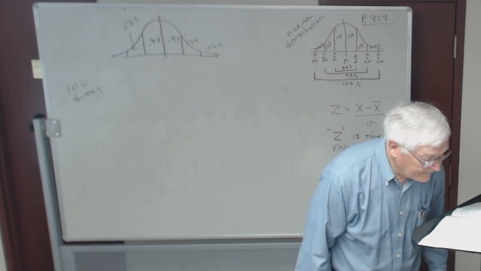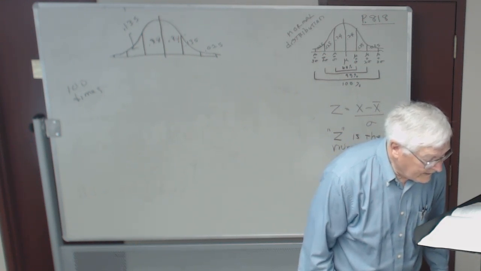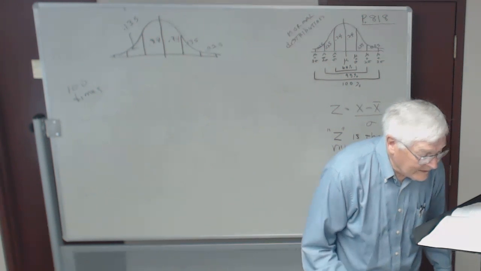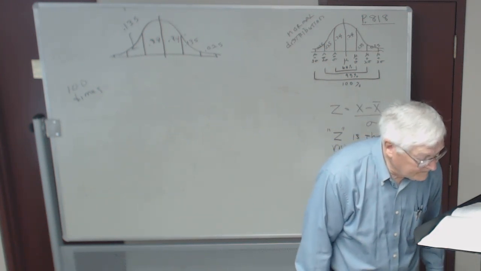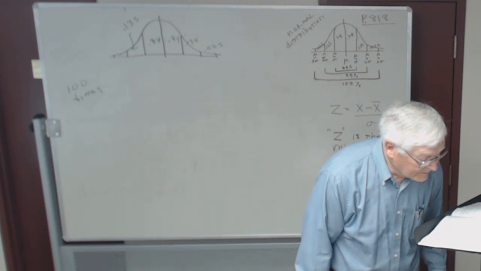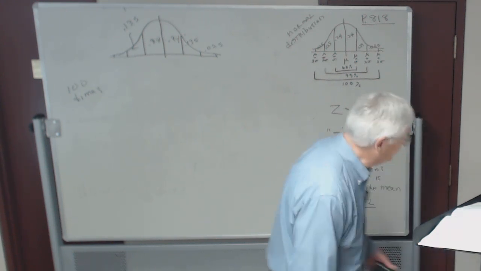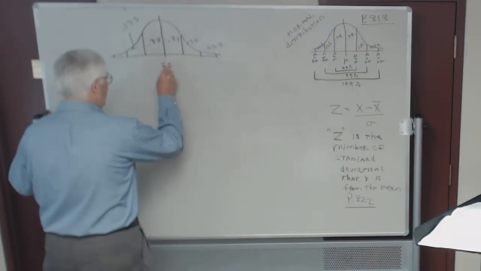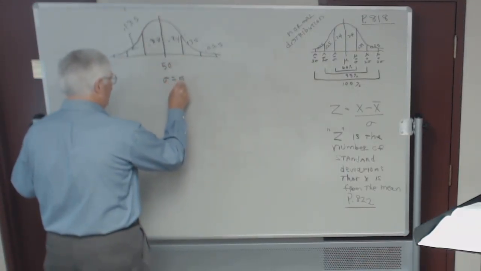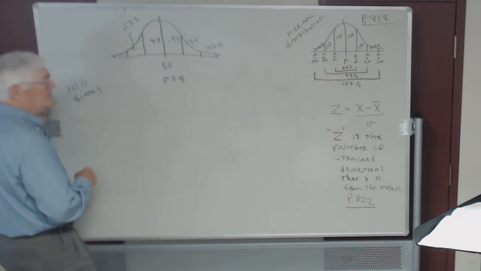The graph of the heads turns out to be very nearly a normal curve, with a mean of 50 and a standard deviation of 5. So fill in the rest of the chart.